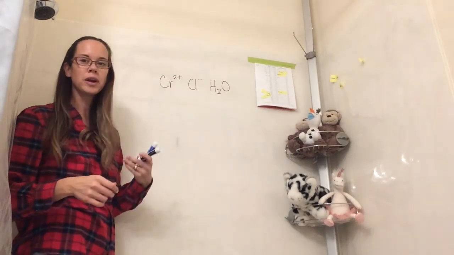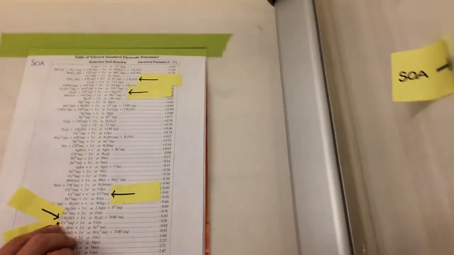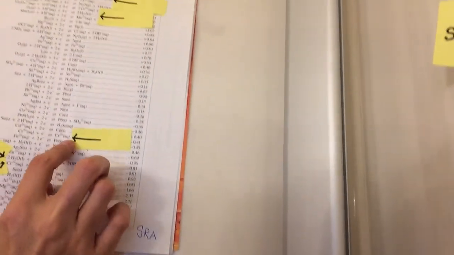So looking here, we're going to figure out on page 7 again what are our oxidizing agents and what are our reducing agents. So here we can see water is an oxidizing agent, and so is our chromium 2 ion. They're quite close together. And then over here, our chromium 2 ion is also a reducing agent. Water and our chloride ions are reducing agents.